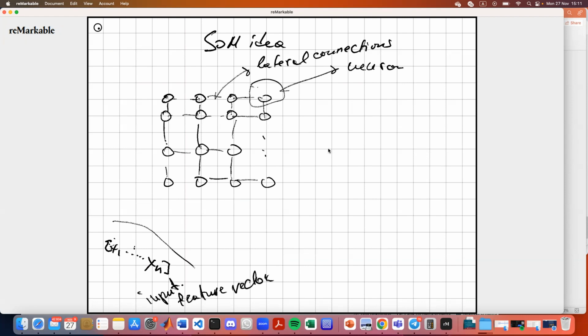This feature vector will be connected to each of these neurons. So this is the idea of the architecture.